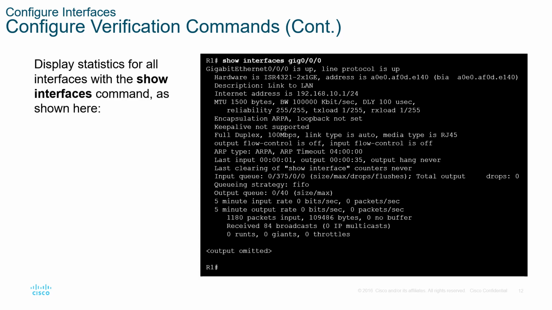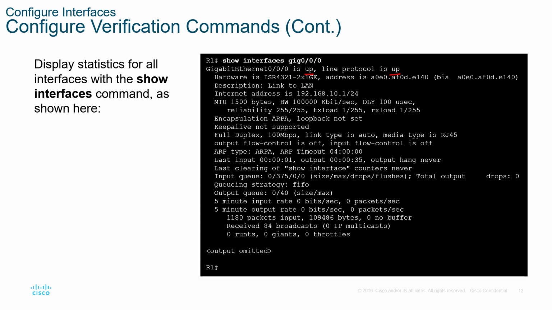It's telling you this is gigabit G0/0/0. Its status is up and up. Up and up means we're functioning perfectly fine.